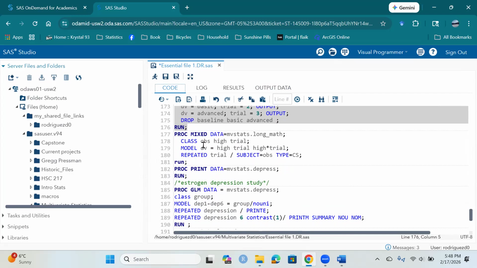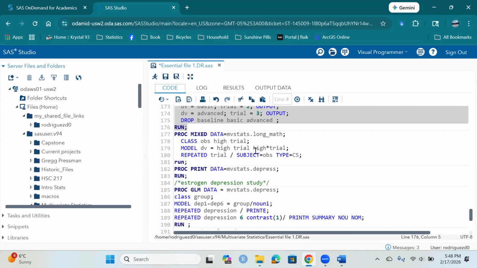Our model will be the dependent variable. So now we're just using DV because it encompasses those 3 different time points. DV is predicted by the binary variable called high. Remember, high is 1, low 0. The trial itself, 1, 2, 3, is the repeated measures variable, right? So this is indicating the within subjects effect.